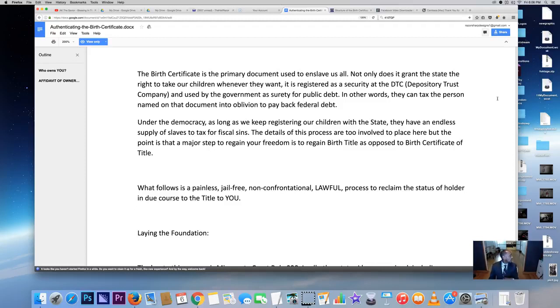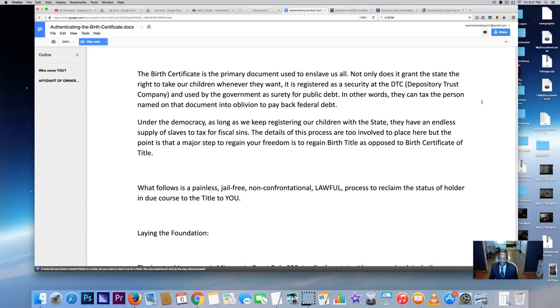I know everybody's stuck on the TDA and stuff like that, but not a lot of people are familiar with the DTC. It is used by the government as a surety for public debt. In other words, they can tax the person named on that document into oblivion to pay back federal debt. Under the democracy, as long as we keep registering our children with the state, they have an endless supply of slaves.